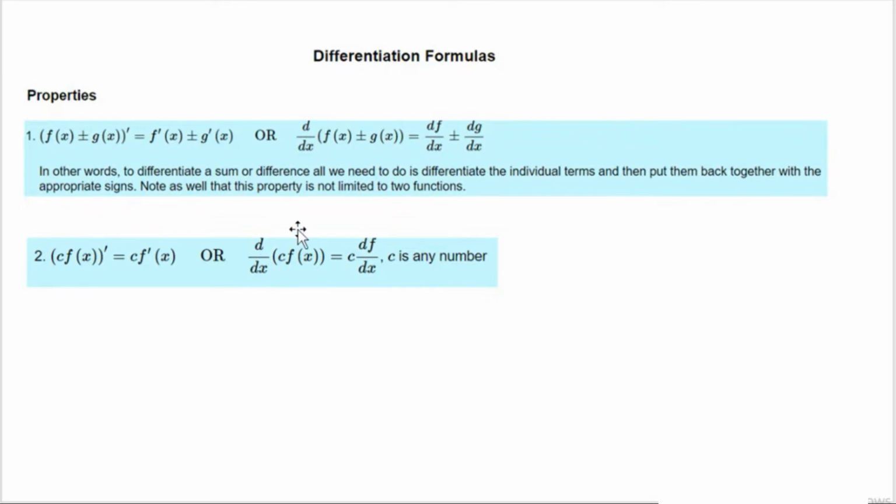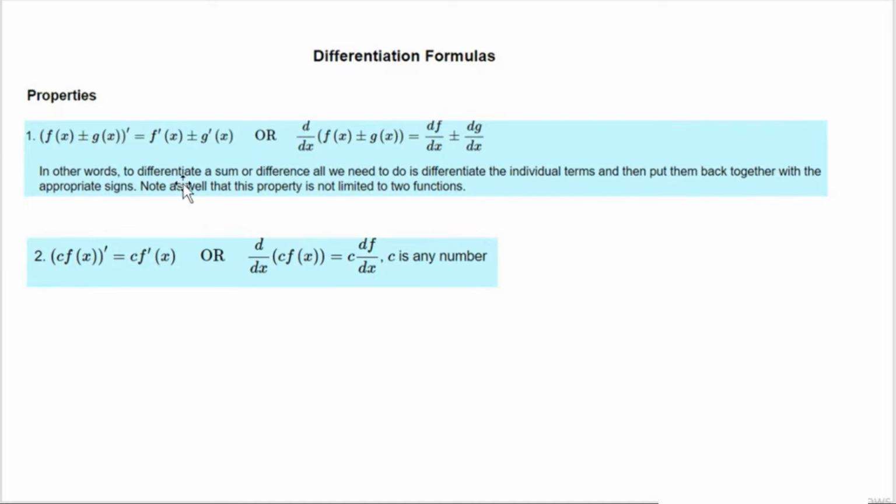In other words, to differentiate a sum or difference, all we need to do is differentiate the individual terms and then put them back together with the appropriate sign. Note as well that this property is not limited to two functions. We can use more than two, more than three, or as many terms or functions as we can.